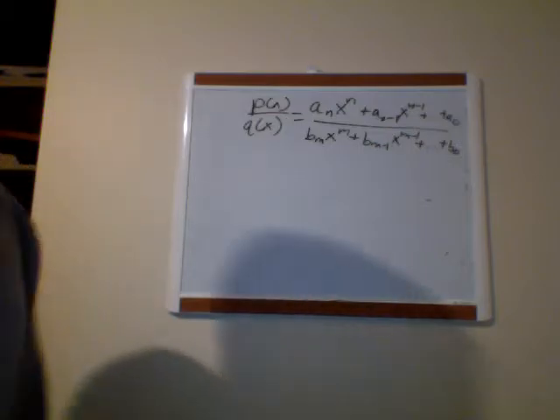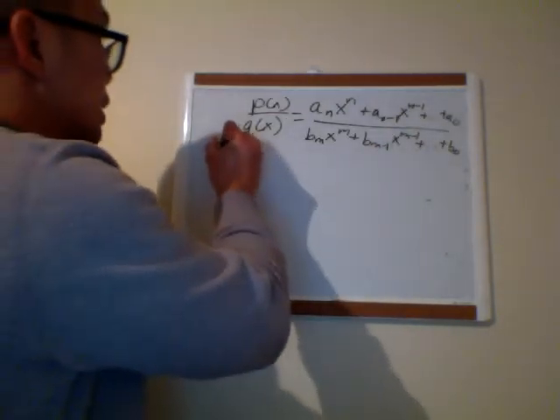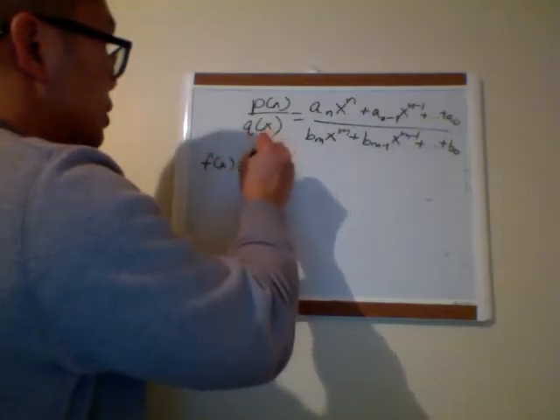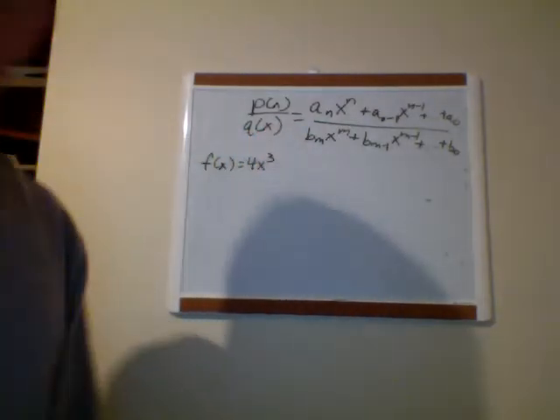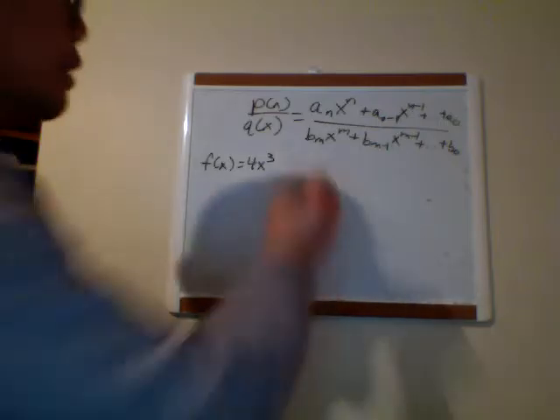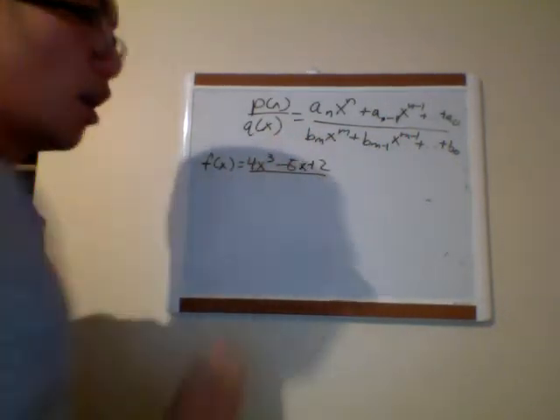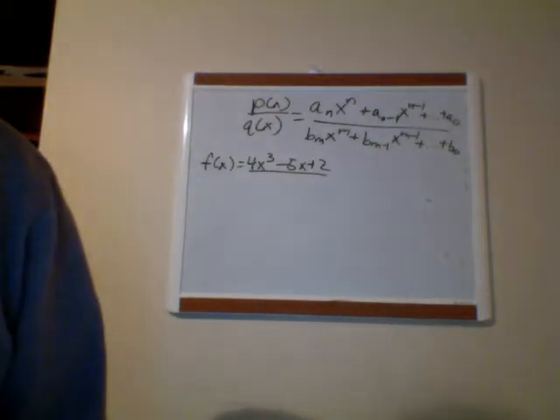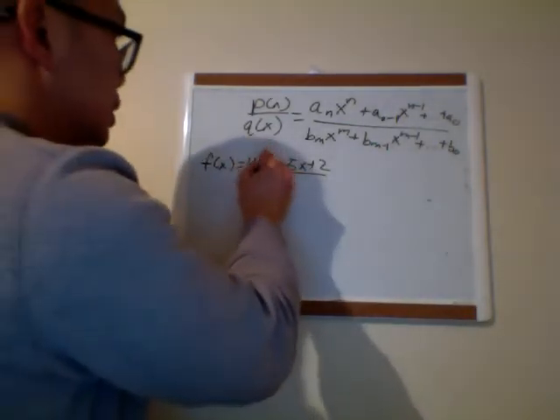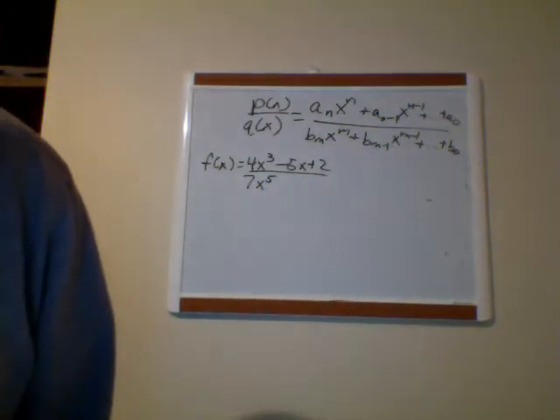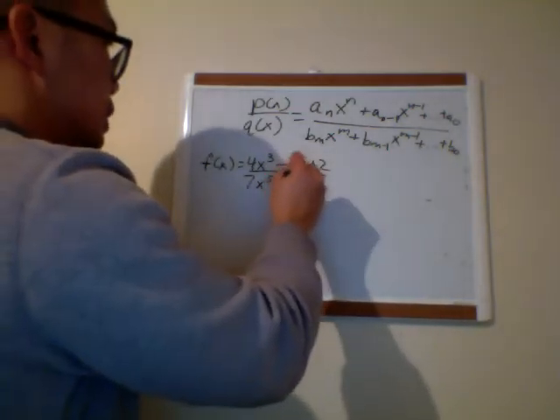So for example, if I have the function f of x is equal to 4x^3 minus 5x plus 2 all over 7x^5 plus 2x^4 minus 3x.